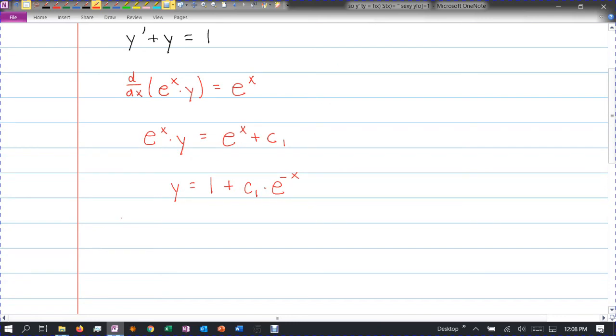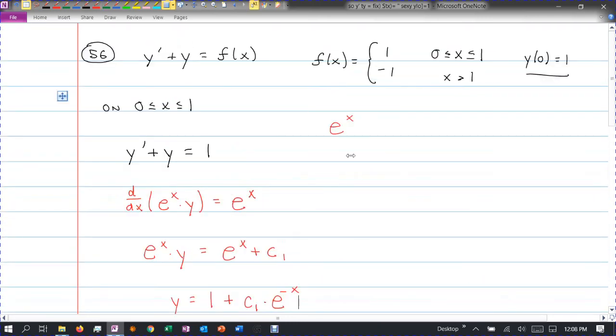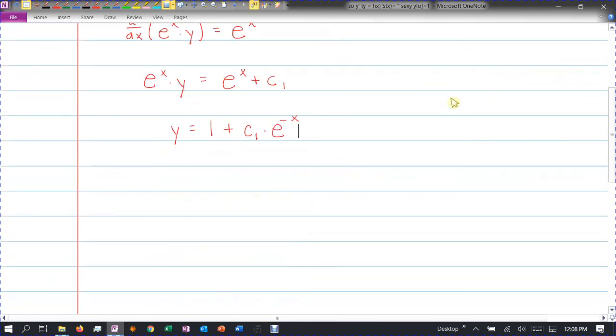And now we were told that y of 0 equals 1. So y of 0 equals 1 means that 1 equals 1 plus, and again, plugging 0 into this, we should just get c sub 1.